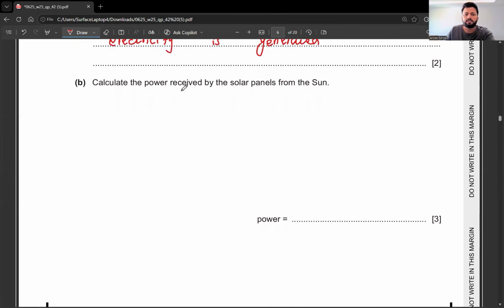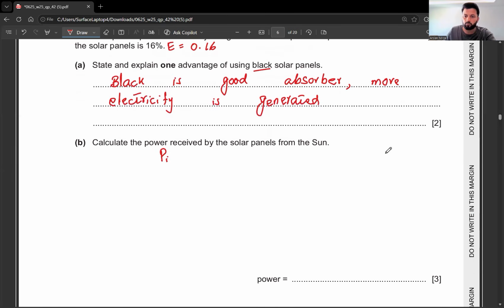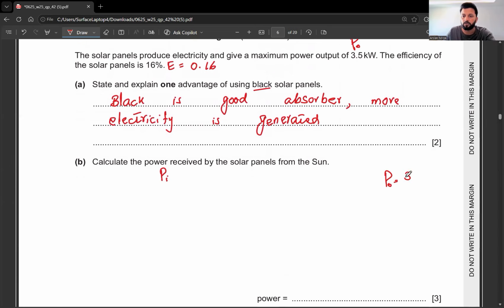Calculate the power received. So we have to calculate the input power of the solar panel. If we take the data from the question, output power is equal to 3.5 kilowatt. Efficiency is equal to 0.16 because it is 16%. We need to calculate input power.